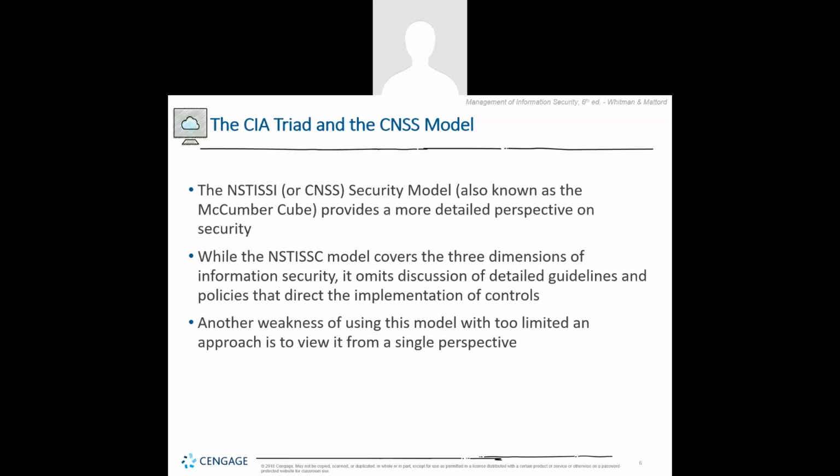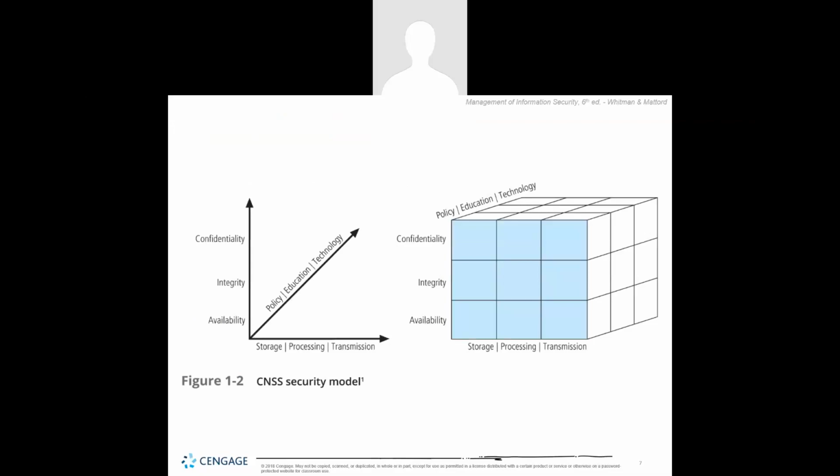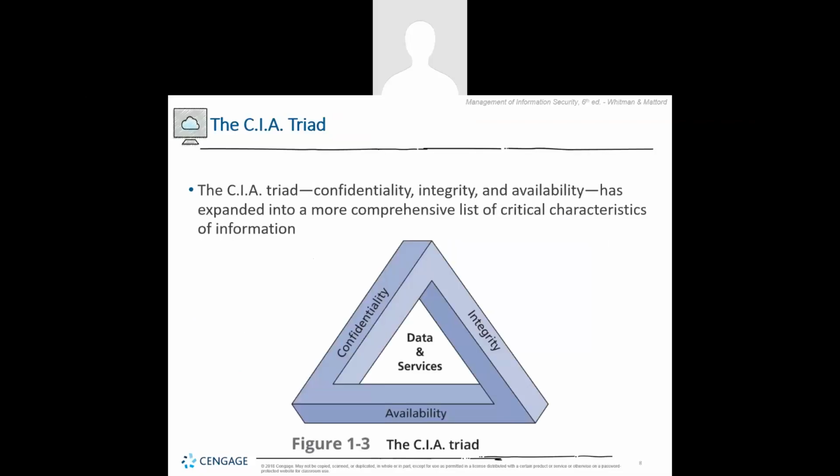We can also look at the CNSS model, the McCumber cube, which adds dimensions such as policies and implementation controls. We'll see the example of the McCumber cube to protect confidentiality, integrity, and availability, using policies, education, and technology while the data is in storage, while it is in use or processing, or in transmission.